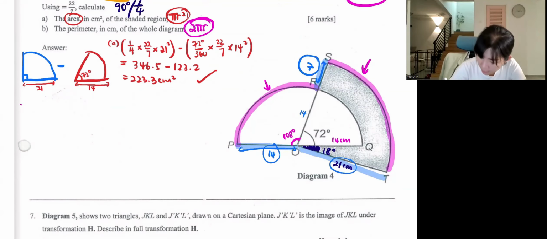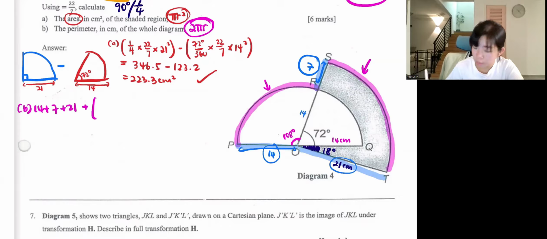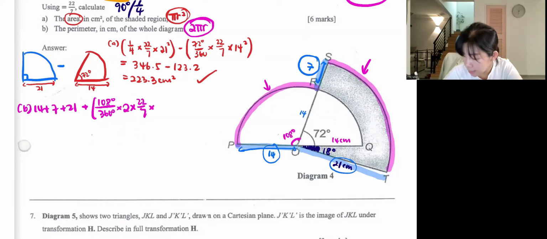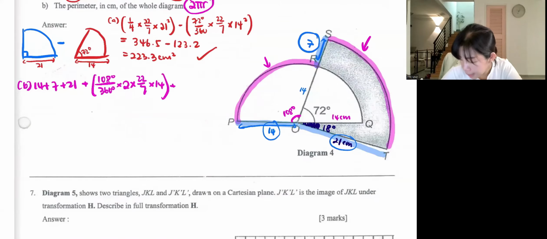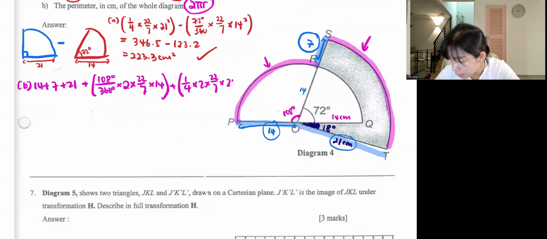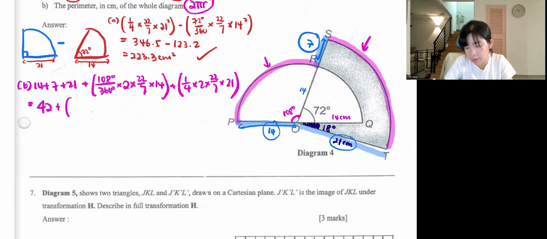Okay. Straight lines, we have 14, 7, 21. Then we have arc with 108 degrees over 360 times 2 pi r, where r is 14. Plus another arc, quadrant 1/4 times 2 pi r, where r is 21. We'll write it all together. 14, 7, 21, so this one is 42.